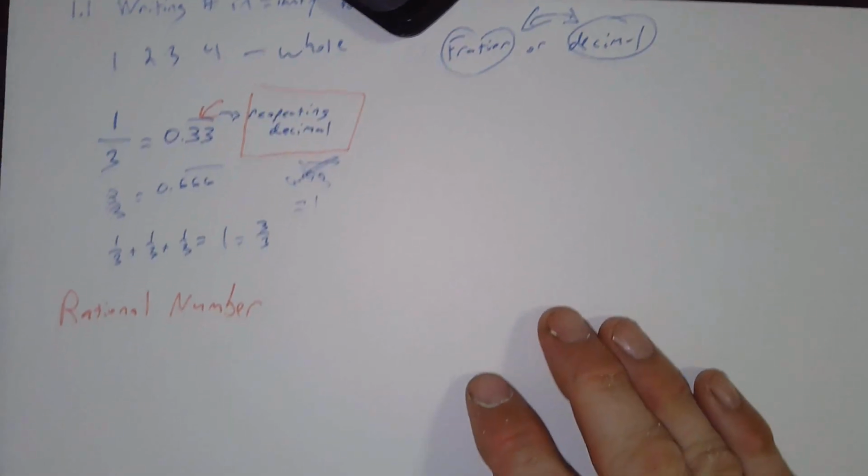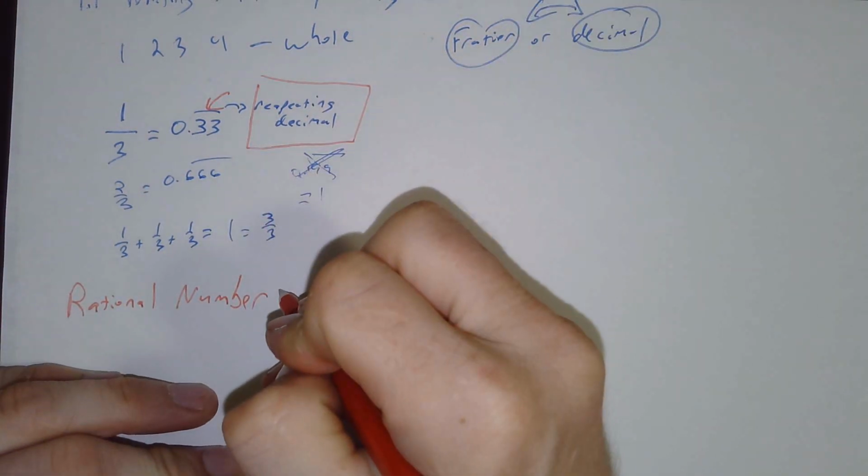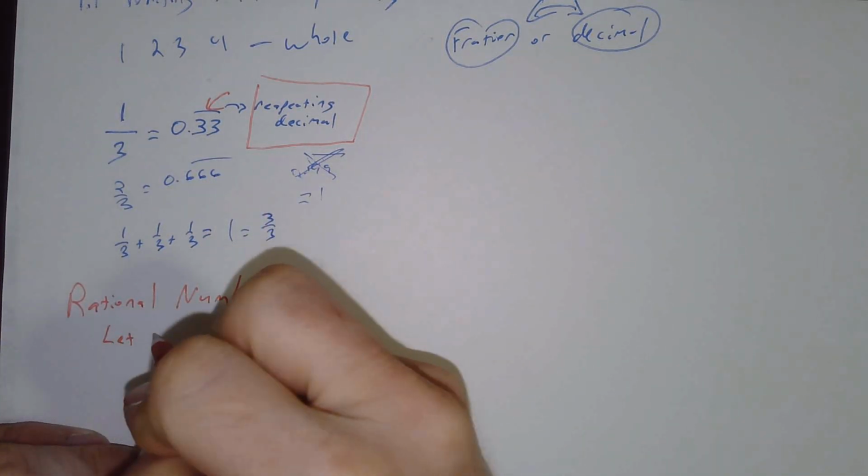All right, so we talked about many rational numbers in the last thing. So a rational number, okay, we'll let two numbers, right?